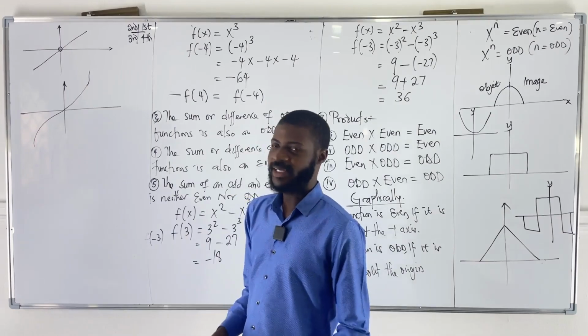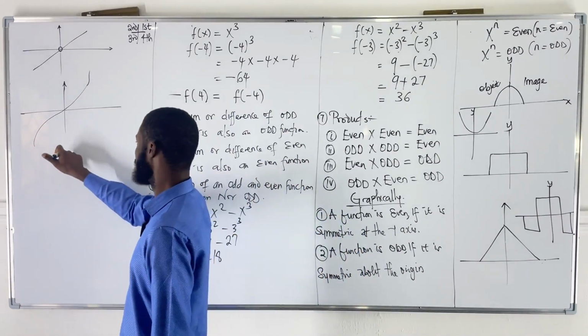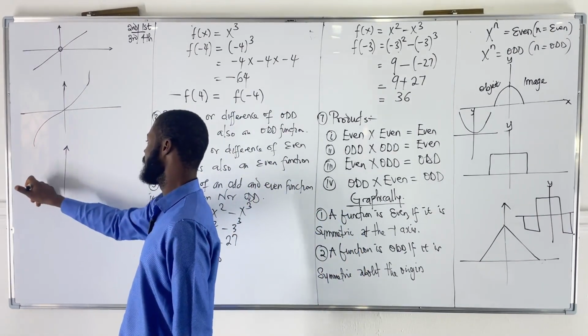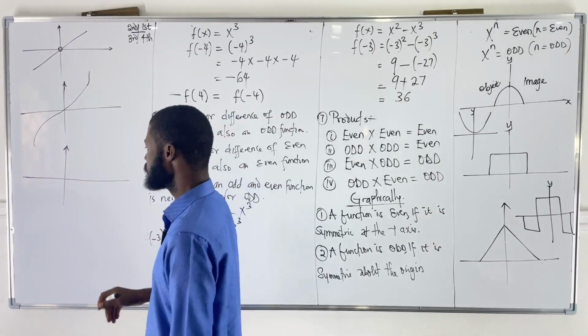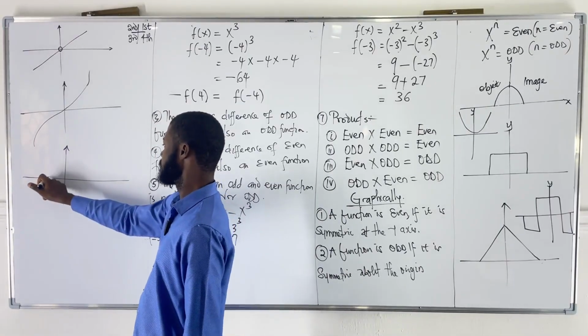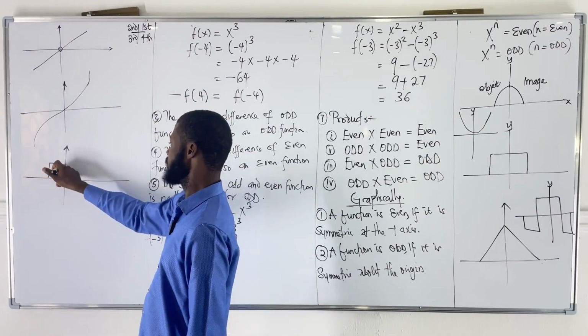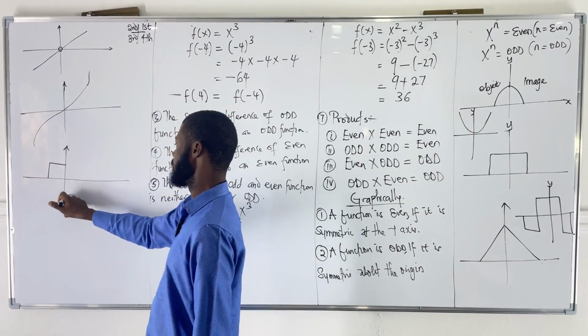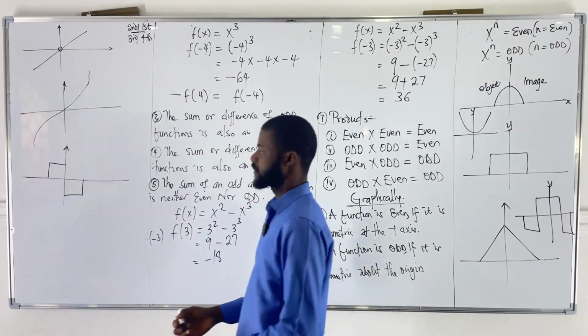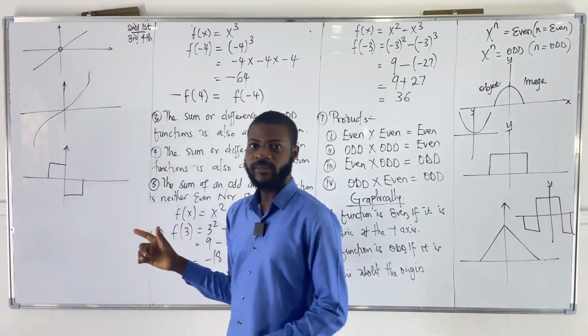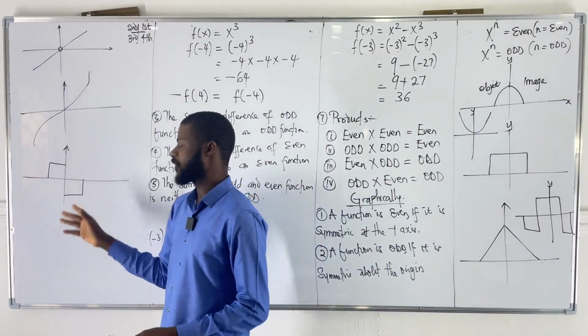Let's proceed. There are better examples so you kind of know what to do when you have different problems. Take a look at this one. We have something like this, and then something like this here. This would also be an odd function.